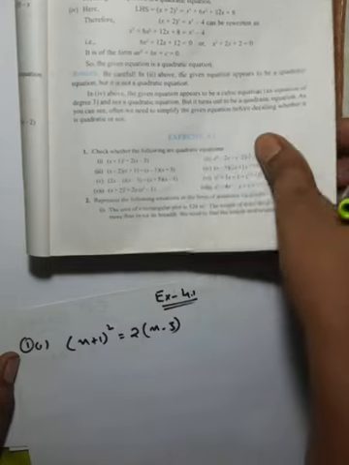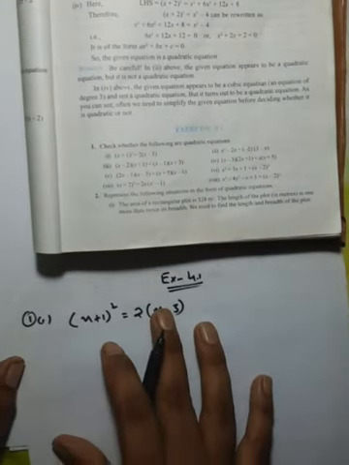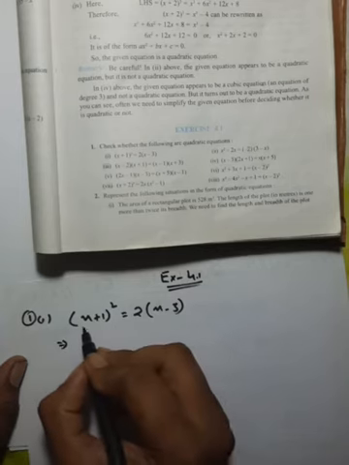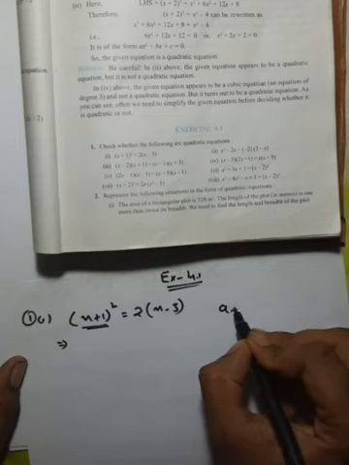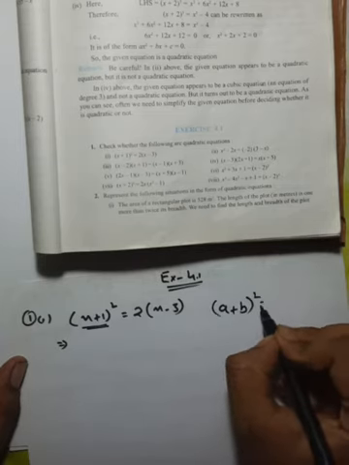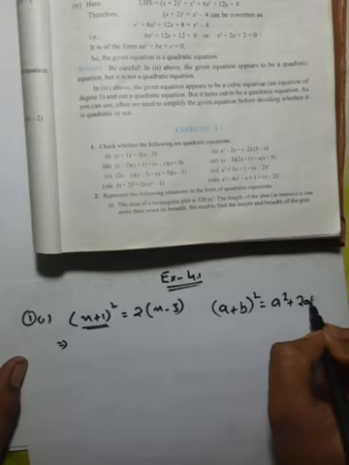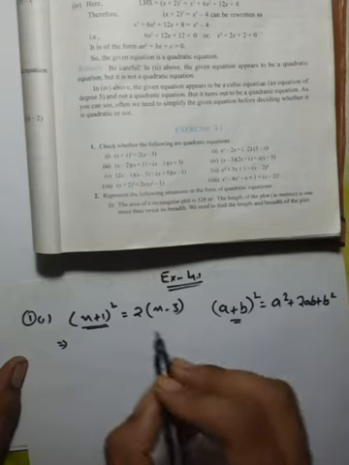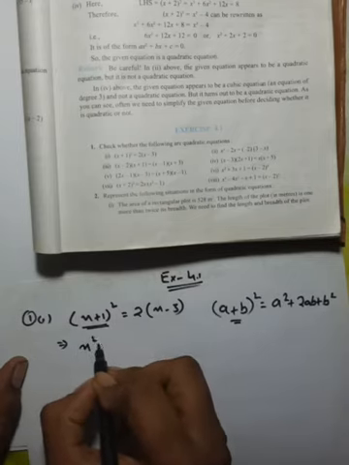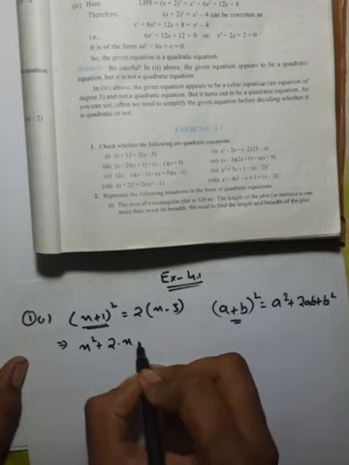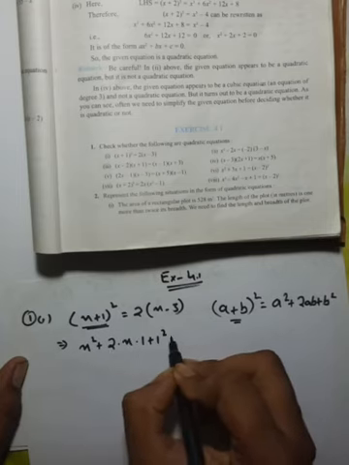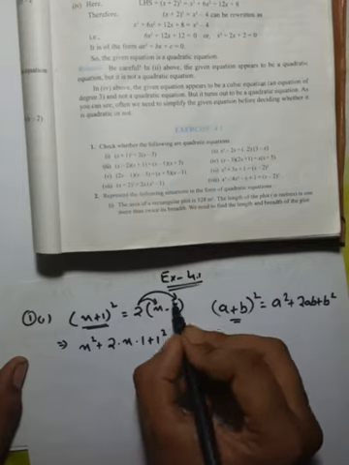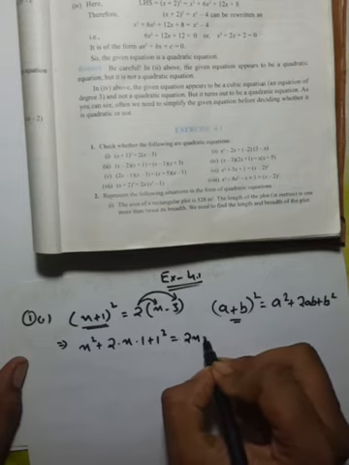Now we have to simplify this equation first, then only can we say whether it is a quadratic equation or not. Here we can put the formula of a plus b whole square, which is a square plus 2ab plus b square. So this will be x square plus 2 into x into 1 plus 1 square is equal to 2 multiplied with x minus 3, so this will become 2x minus 6.